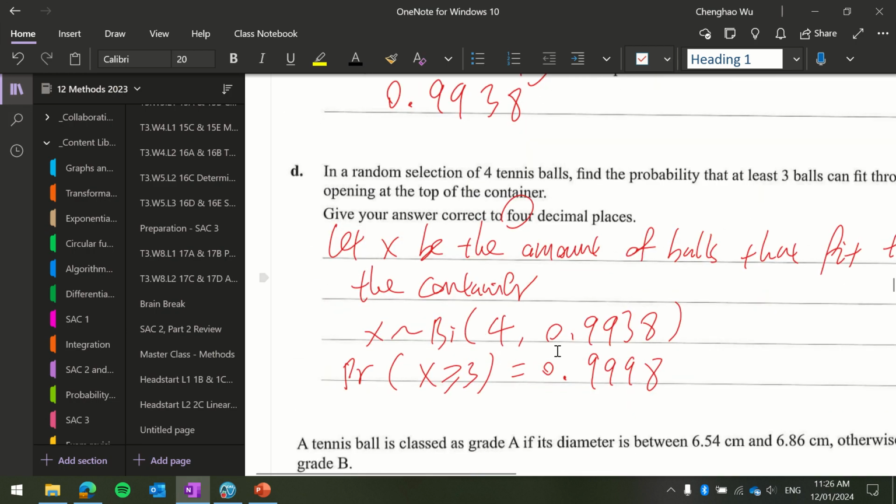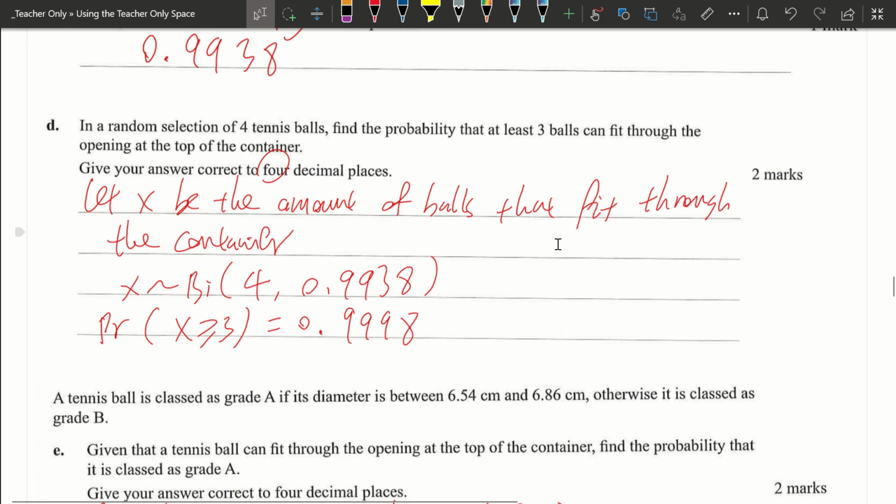And then in a random selection of 4 tennis balls, find the probability that at least 3 can fit through the opening. Well, selecting 4 balls from a bunch of them means you have 4 trials. Also, because there are so many tennis balls, we can assume that the chance of picking a ball that fits does not change from one trial to the other, which means this is a binomial.